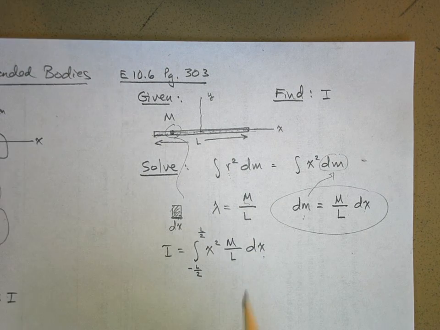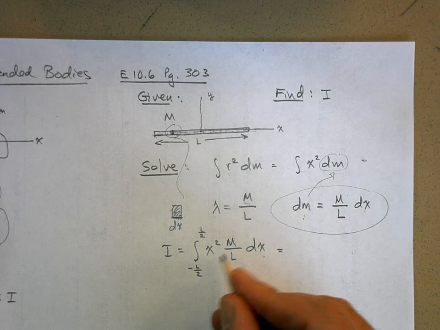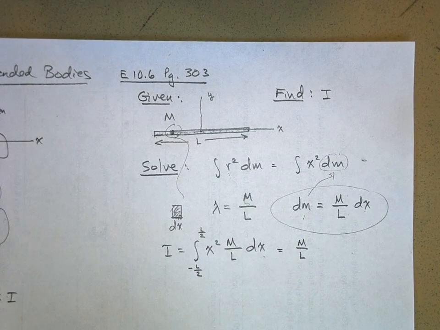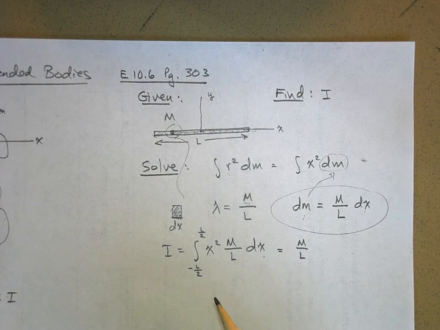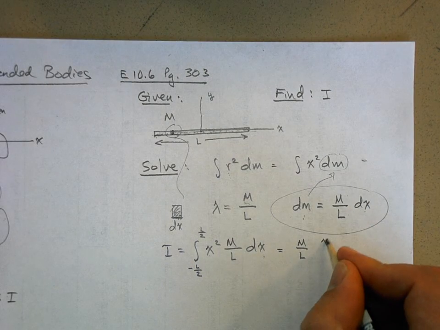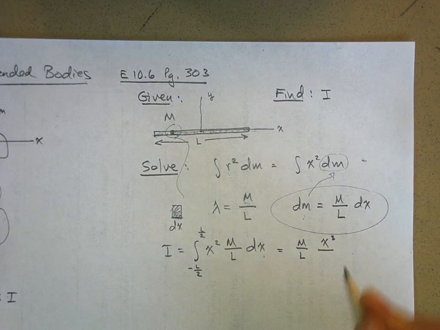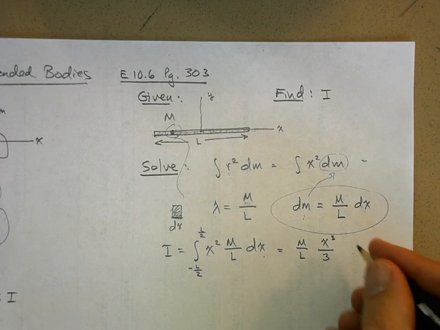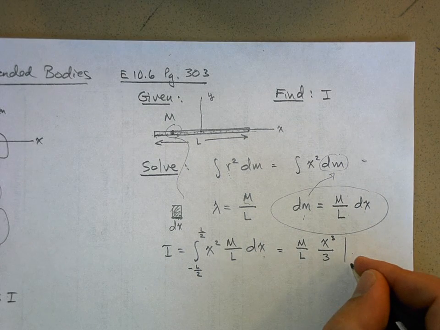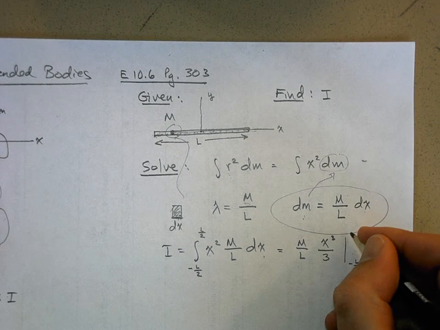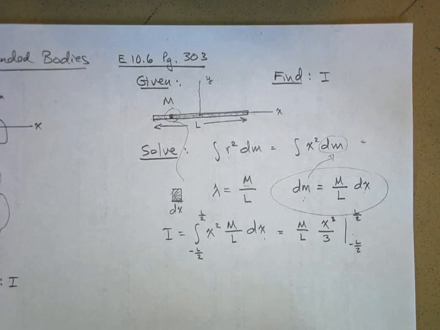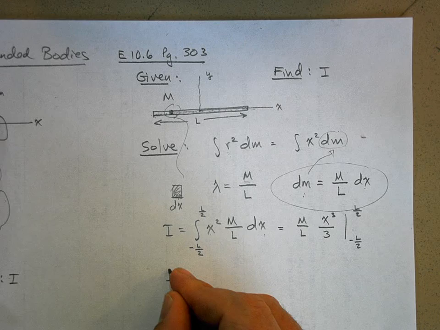Now this is an integral you can all do. So this is going to be equal to, well, bring the m over L out. And then we have x squared times dx. That's x cubed, right? But you got to divide it by 3. And then you have to evaluate it from negative L over 2 to L over 2. It looks pretty bad.